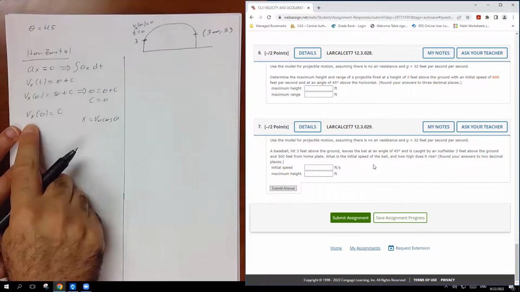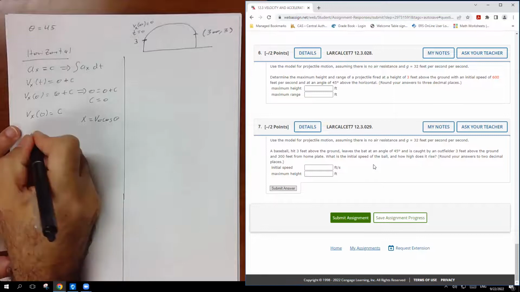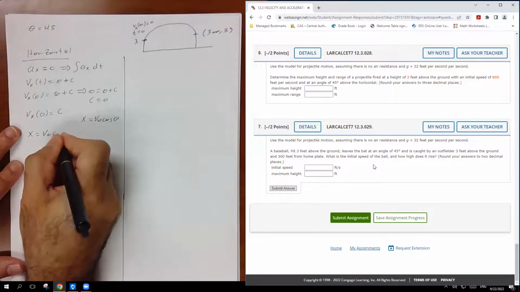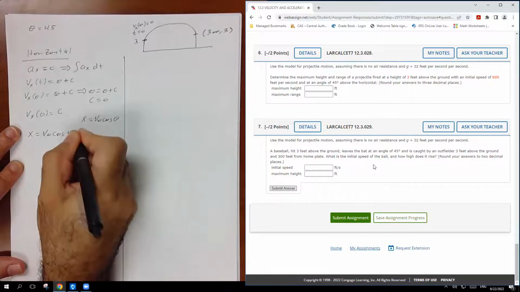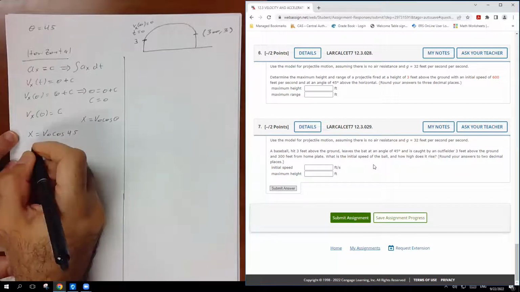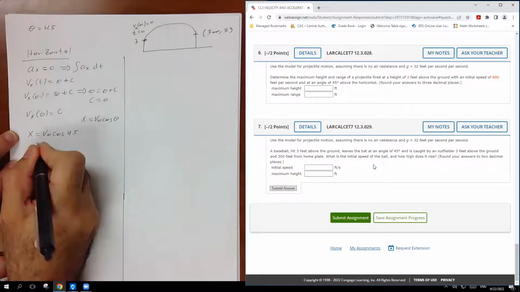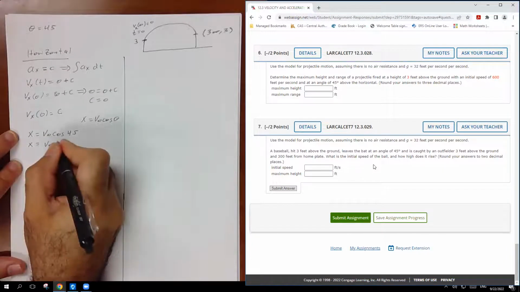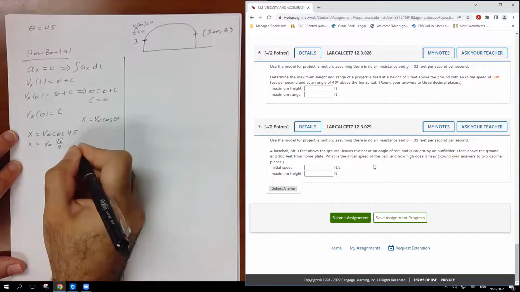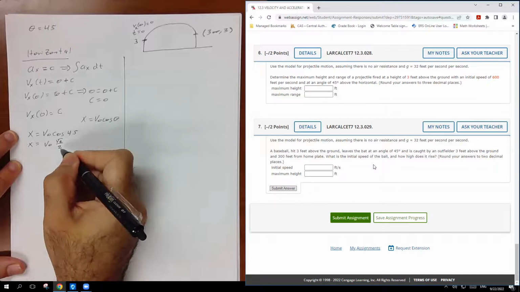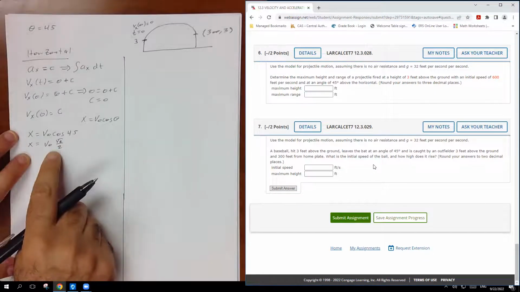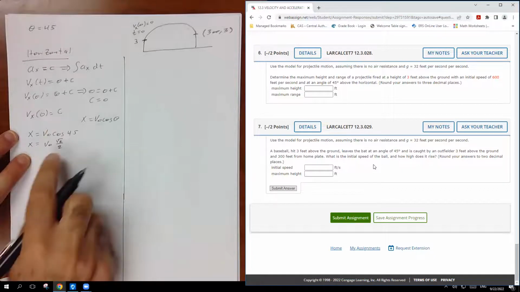So x is going to be v naught cosine 45, which is equal to v naught square root of 2 over 2. This is the constant, which is the same thing as 1 over square root of 2. That means if you plug in this one with respect to the c here, this is the v naught.